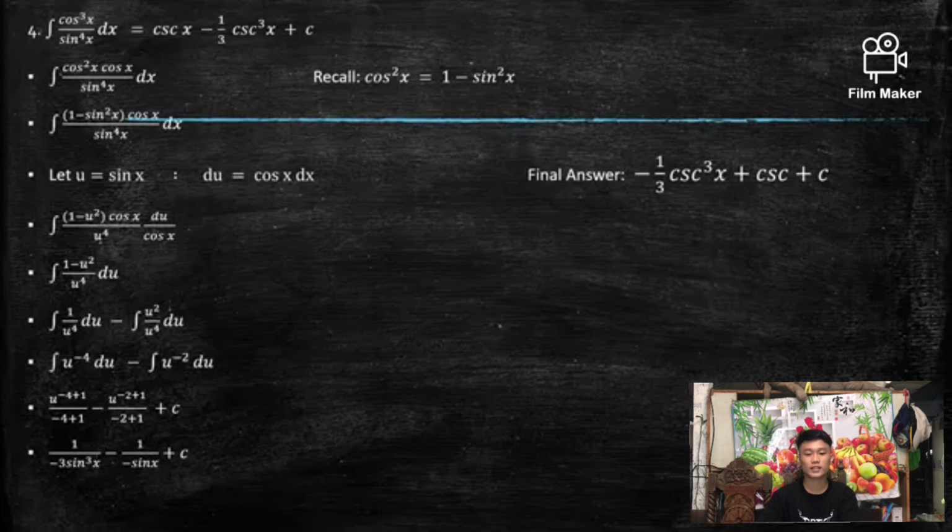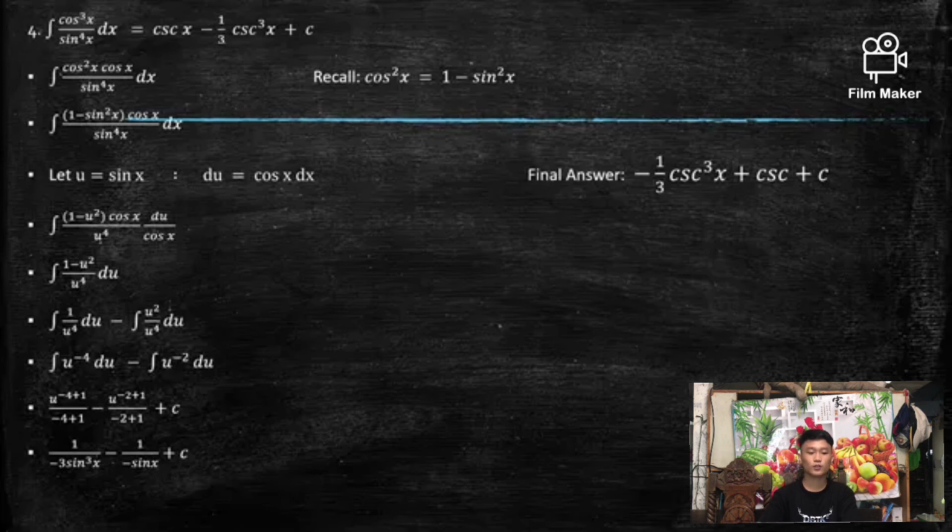Then the next step is taking the denominator to the numerator. As a result, the integral of u raised to negative 4 du minus the integral of u raised to negative 2 du. For the next step, we will apply the power rule: u raised to negative 4 plus 1 over negative 4 plus 1 minus u raised to negative 2 plus 1 over negative 2 plus 1 plus c.